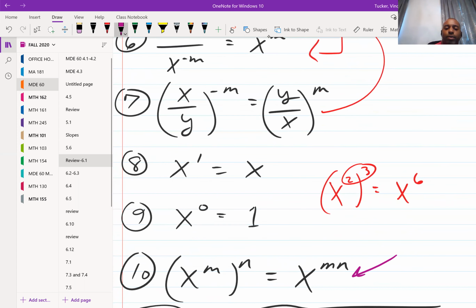And rule 10, I was actually supposed to have it further up on our rule list, but it's all right, as long as I get it in there. X to the first power is just going to be x. So anything to the first power is itself. Anything to the 0 power is 1. And then for our last rule, whenever you raise a power to another power, you're going to multiply your exponents.